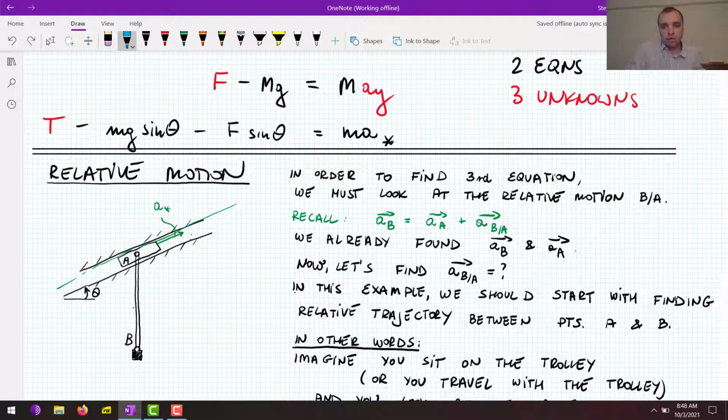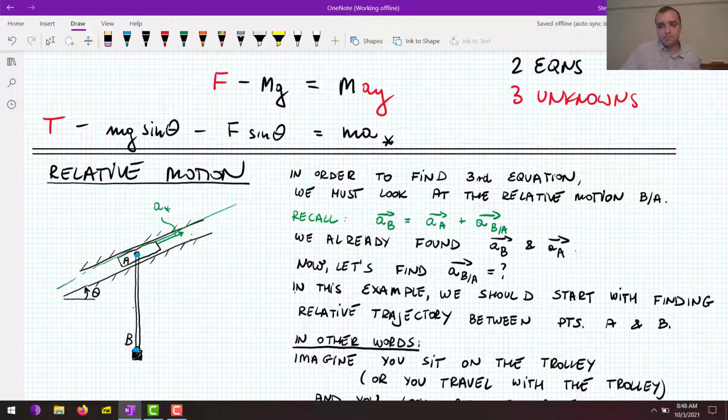Okay, this is our goal in this video. So in order to gather the information about A_B/A, I would like to start with finding the relative trajectory between points A and B.